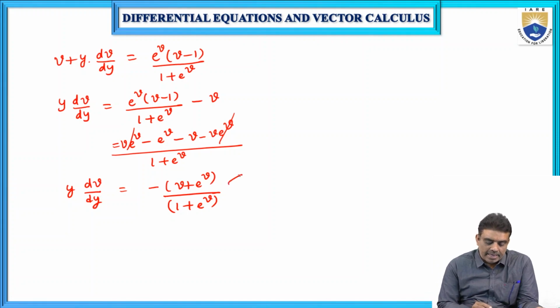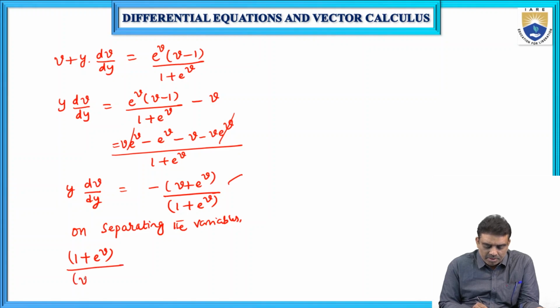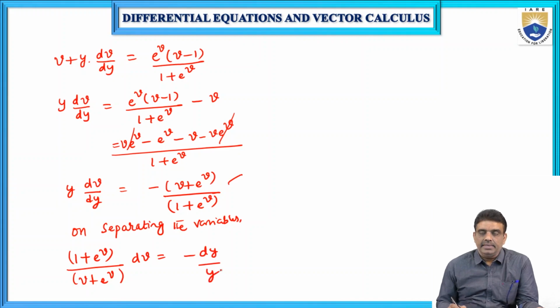I can separate the variables. On separating the variables, writing the entire function on the dv side and the y variables on the dy side, you get (1 plus e power v) by (v plus e power v) dv is equal to minus dy by y.